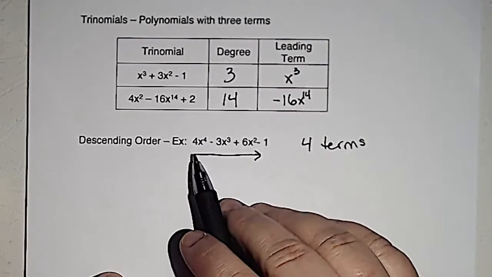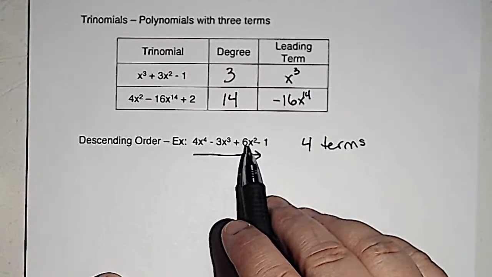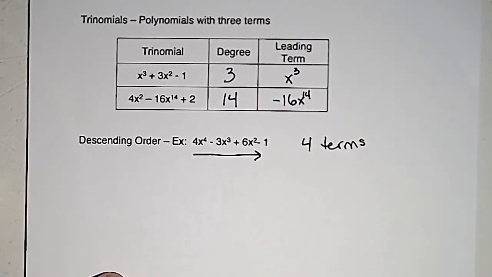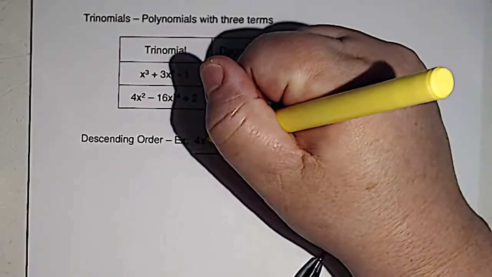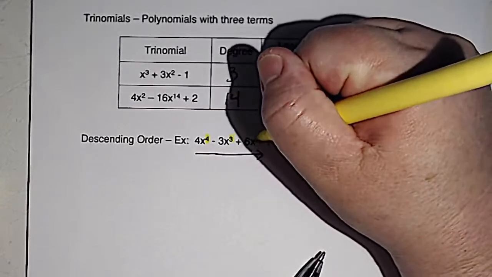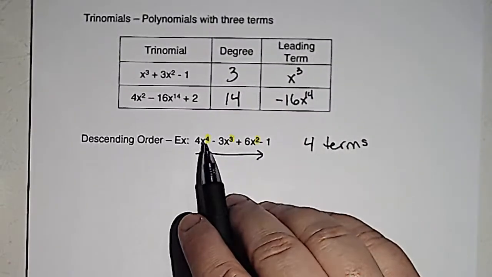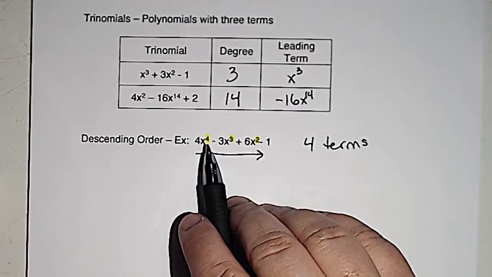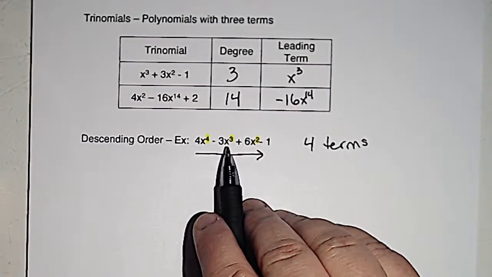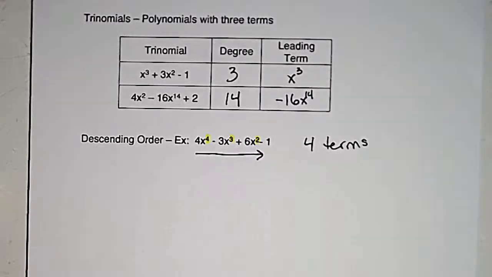Because 4, then 3, then 6, these numbers are not in descending order necessarily. What's in descending order? You got it. Get out my handy dandy highlighter. The way that they're descending is by power. So the largest exponent or the largest degree comes first, then the next, and on down the line.